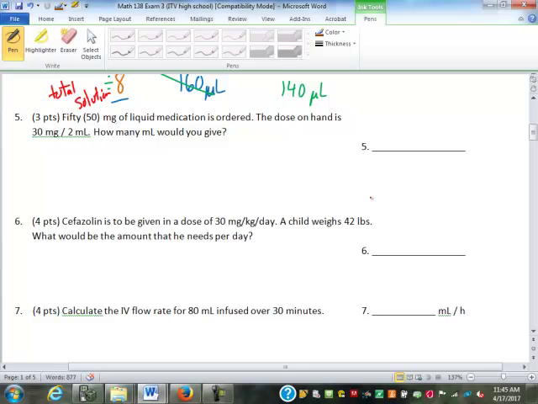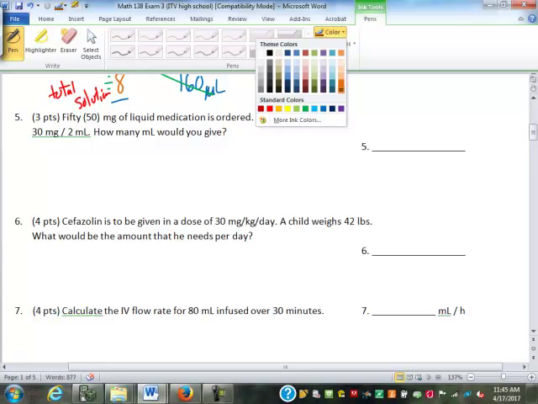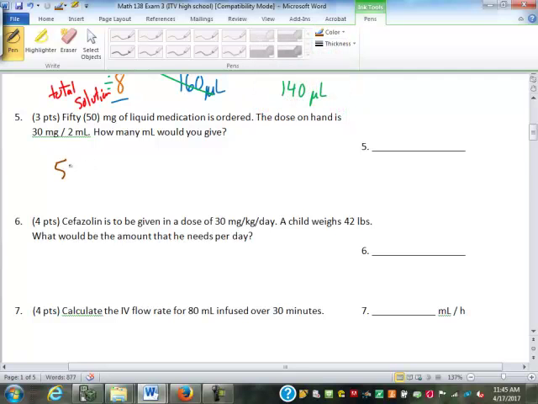Okay, number 5. 50 milligrams of liquid medication ordered. Dose on hand is 30 milligrams in 2 milliliters. How many milliliters would you give? You could use the dosage calculation formula here. I am going to just use dimensional analysis. 50 milligrams is the doctor's orders over 1.